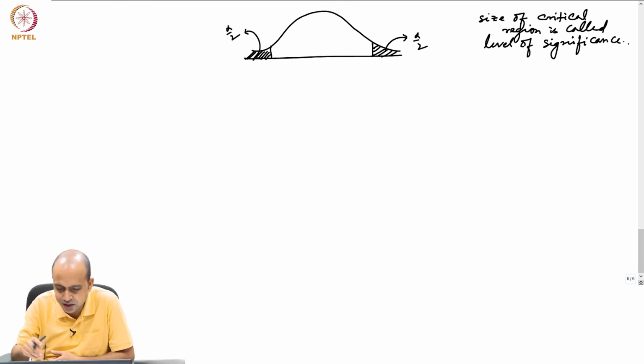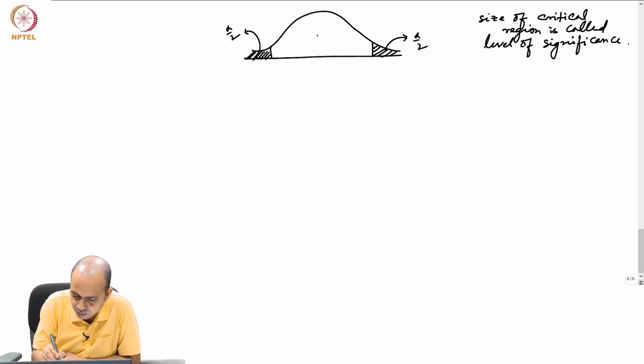Okay. So, these two areas are alpha by 2 and this is 1 minus alpha.